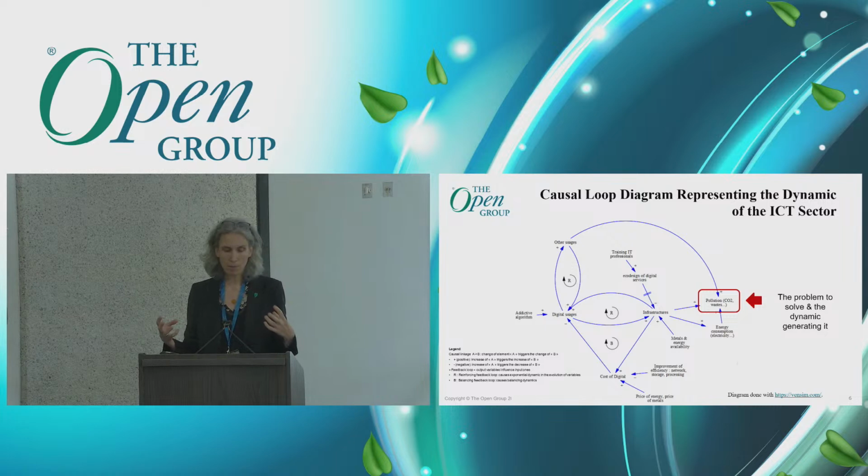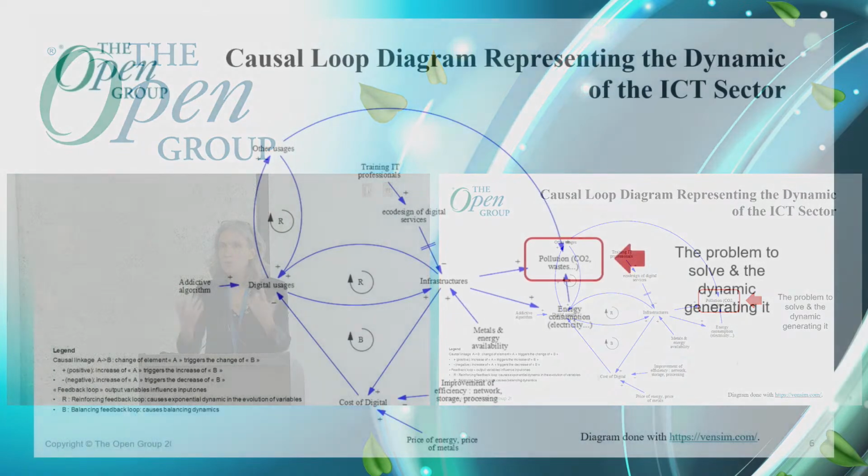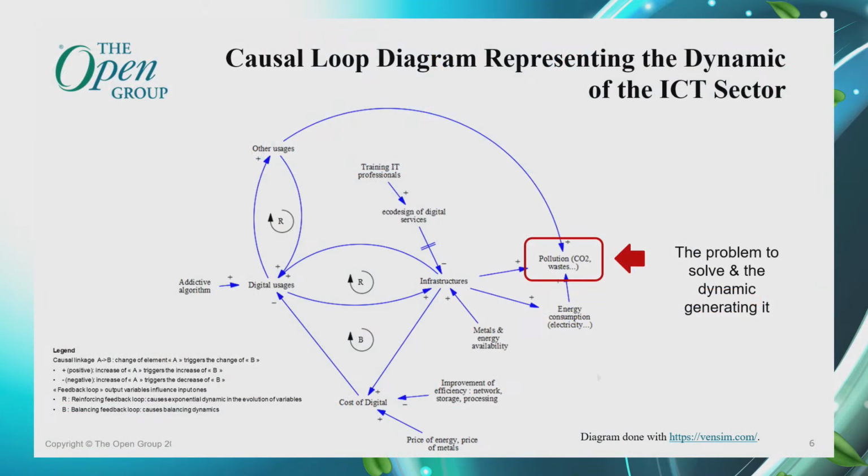Normally, when this happens, you have a balancing feedback loop, which you see at the bottom with the cost, because when you have more infrastructure, the cost increases. But in the case of IT, cost efficiency has increased a lot, so the cost has not increased, which explains why we could develop so much digital without exploding the cost of the capability. And this produces something a little bit counterintuitive.